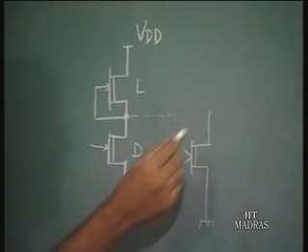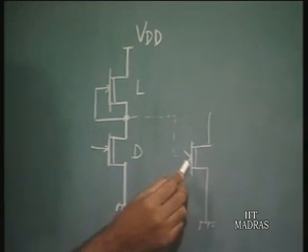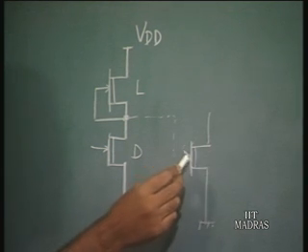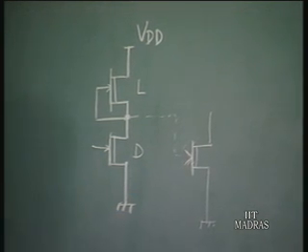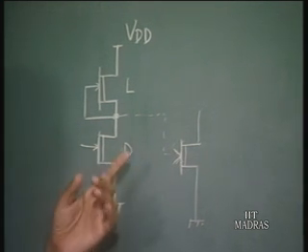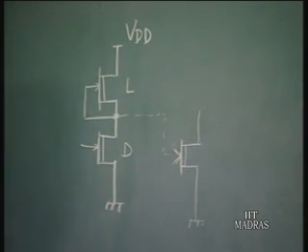Now since this is a depletion mode device, in order to turn this transistor off we require a negative voltage at the input. So this output voltage, since it does not go to negative values, is unable to turn off the input transistor of the next stage. So that is the problem. So how do you solve the problem?